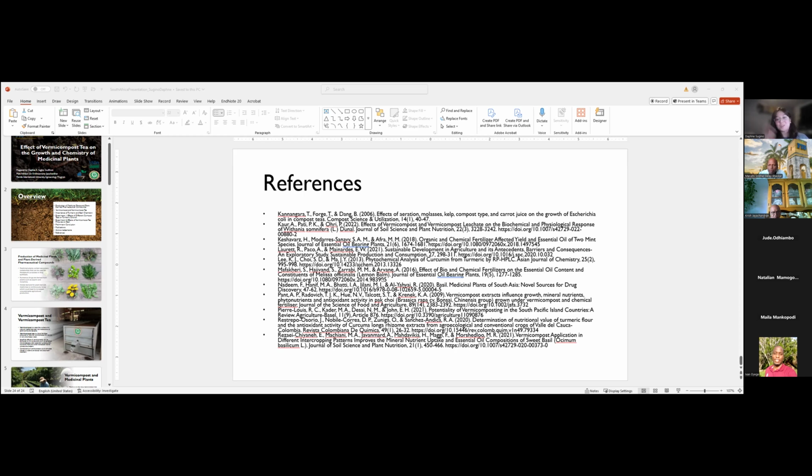And then I sent them for a nutrient analysis a couple of months ago. So I got the results like 2 days ago now. So I didn't have time to analyze the results and put them in this presentation, but I did analyze the vermicompost, and I also analyzed the compost and the teas as well.